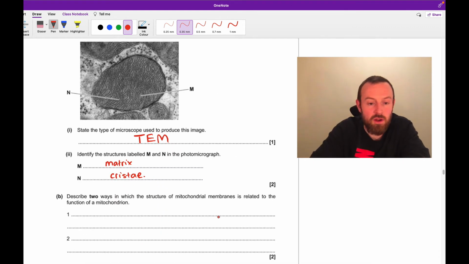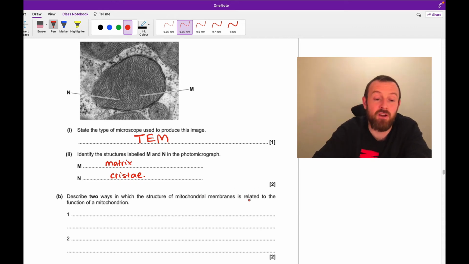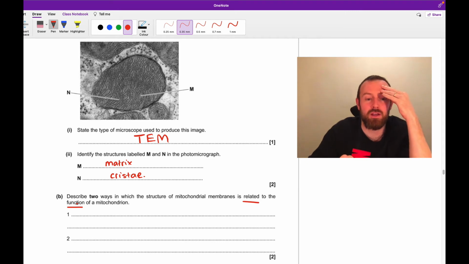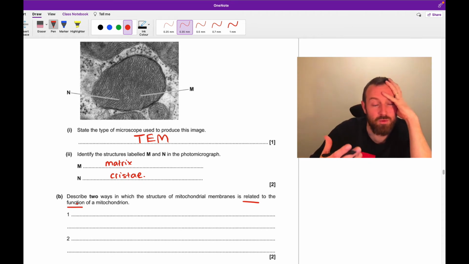Now, it says, describe two ways in which the structure of mitochondrial membranes is related to the function. It's so tempting to say high surface area here, and I probably would have said that. I've had a look at the mark scheme before, and it doesn't accept that. So I think you need to go into a bit more detail. When you're answering something like this, you almost want to cover yourself.